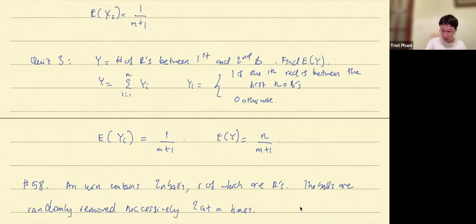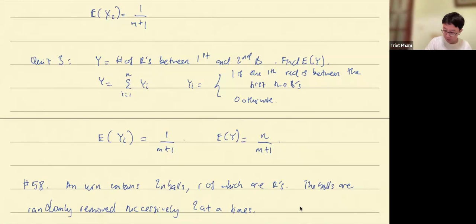Basically there are 2n balls, and so many are reds. Notice that this is an even number, like 4, 6, 8 balls, whatever. But the number of reds can be an odd number. Maybe out of 10 balls total, you have 5 reds. That's fine. And you remove the balls 2 at a time.